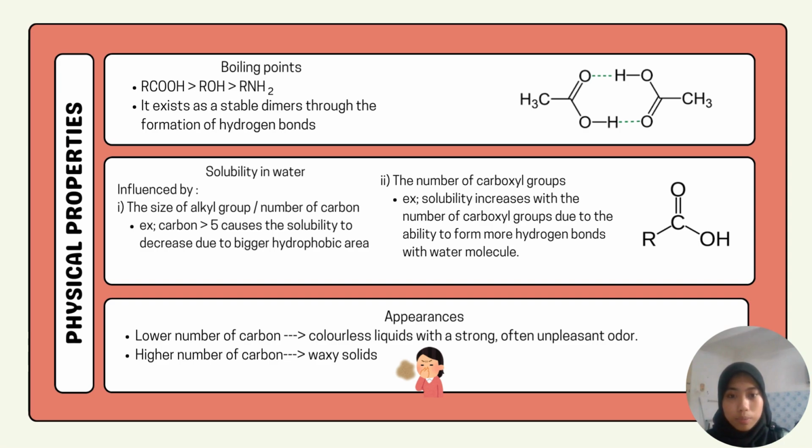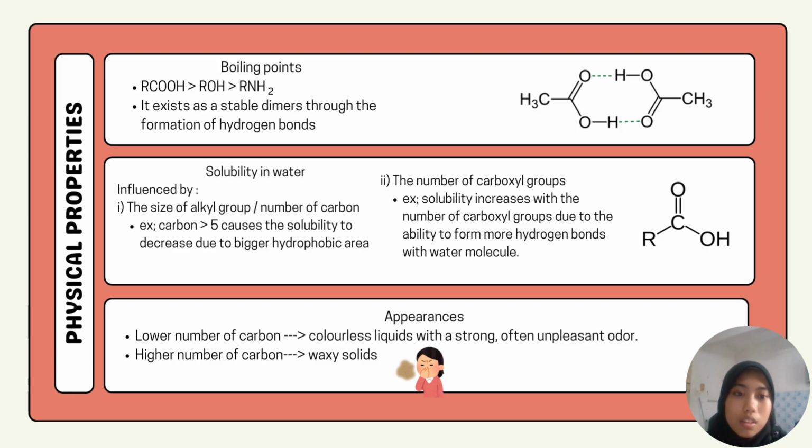This is due to a much bigger hydrophobic area. So once we have a lot of C in the molecule, the area of hydrophobic is much wider, much bigger compared to the hydrophilic area. So the solubility of carboxylic acid is decreased.